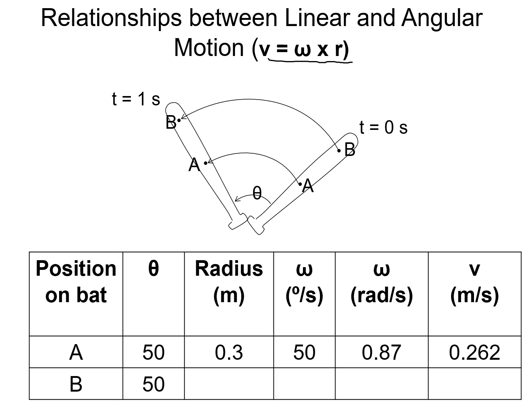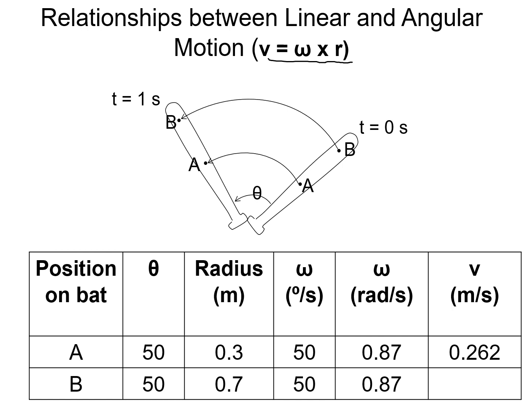For B, we still have an angle of 50 degrees, but a radius of 0.7 meters. So we're going to have an angular velocity of 50 degrees per second, and if we convert it to radians, that's still 0.87 radians per second.